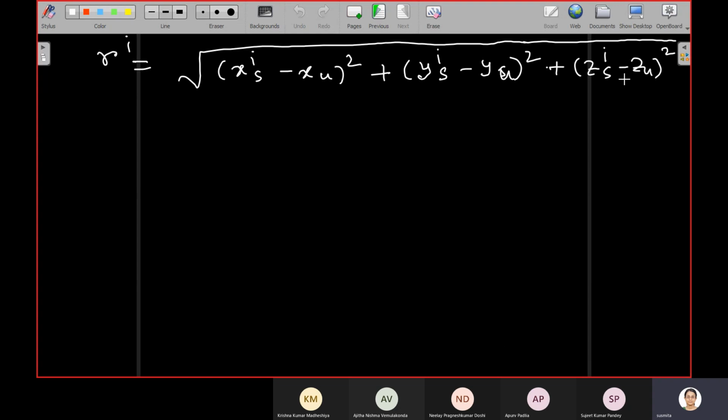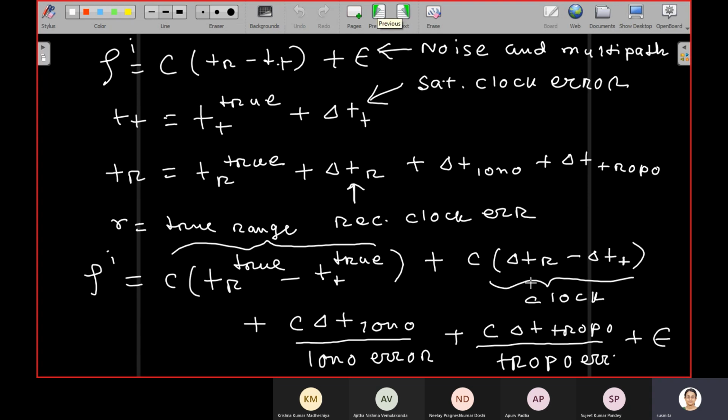So you want to estimate these clock errors and the user position. And for that, these are actually nuisance. These are errors, so either we want to eliminate them or we want to partially remove them using some mathematical models. Okay, this is eliminated. This and then user position we want to estimate, and these are actually nuisance for us.